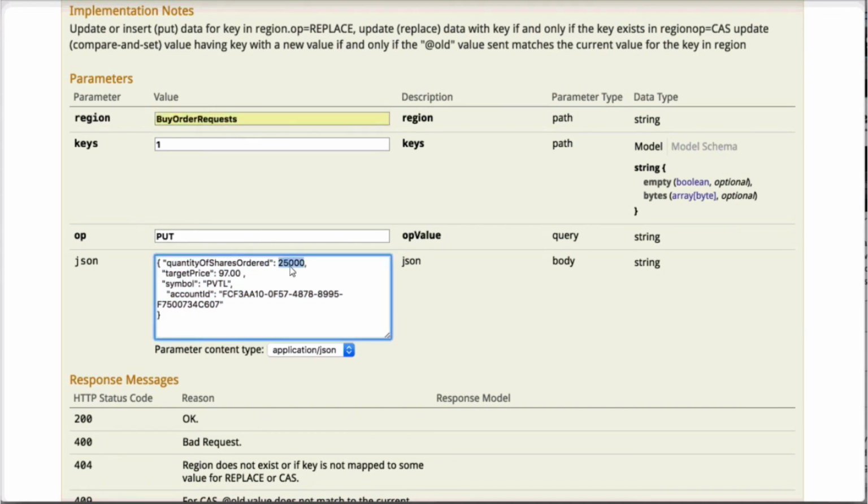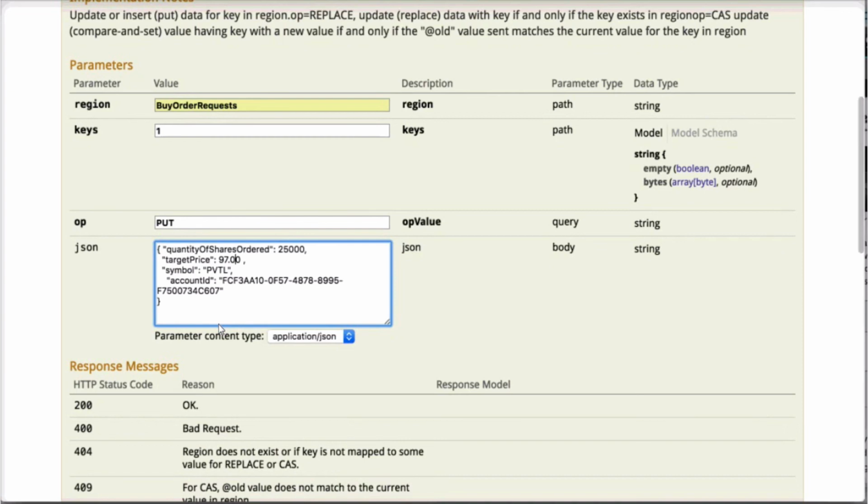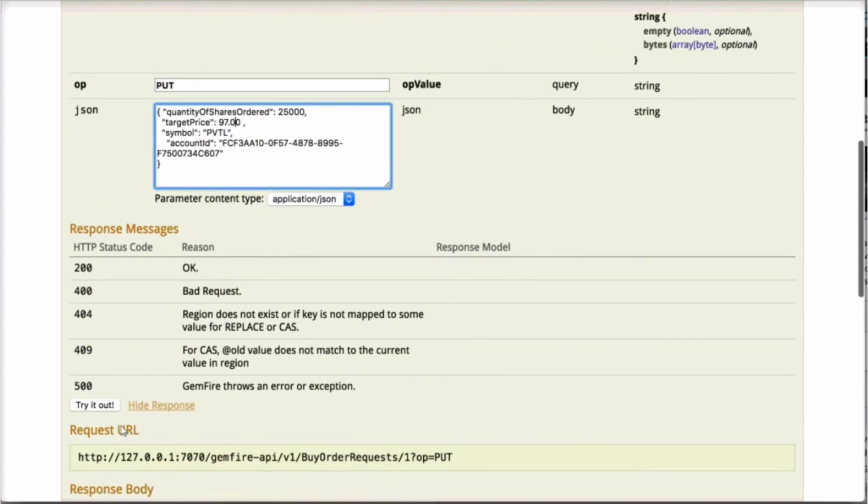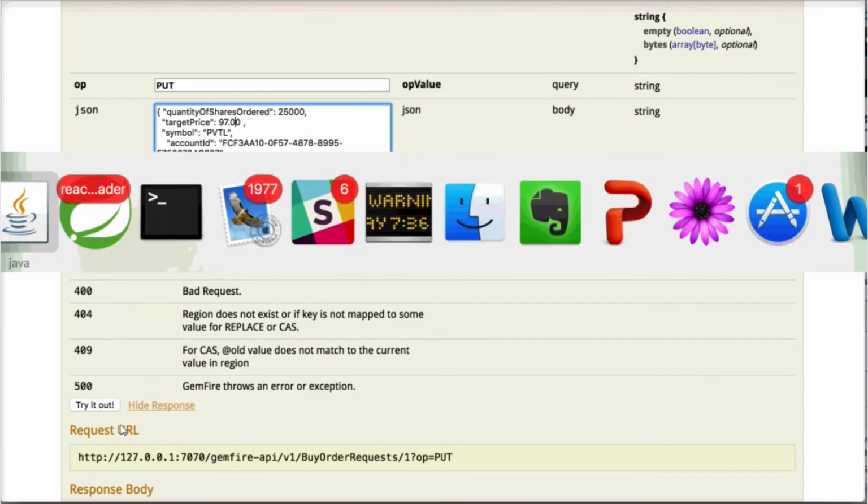We're going to submit a trade for 25,000 shares at $97 a share, and we're going to buy Pivotal. And that's a real steal at $97 a share. We're going to buy 25,000. All right, I'm not going to execute it now, but we'll execute it when trading starts.